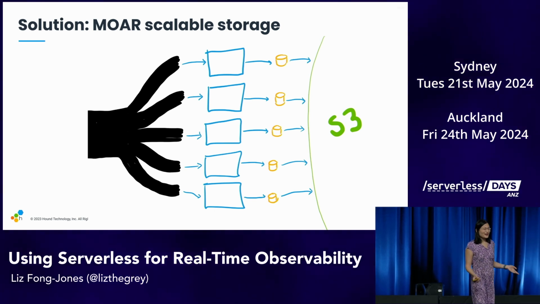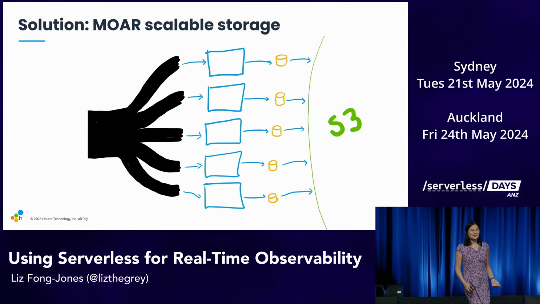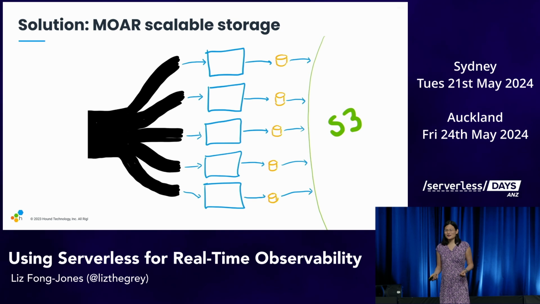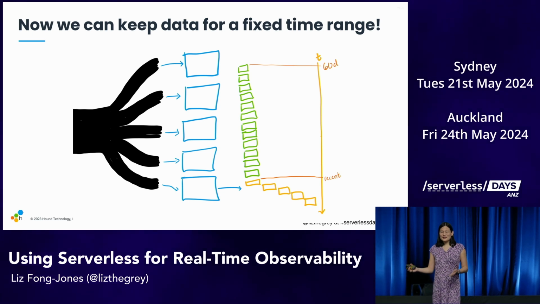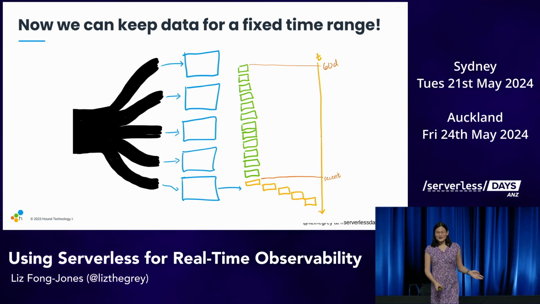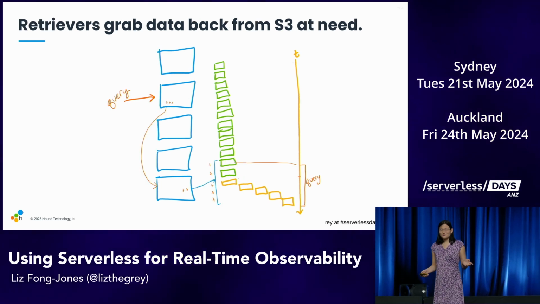When you shove all of the data onto S3, that gives you really great durability promises. It gives you a lot of scalability promises, asterisk, if your S3 calls don't fail. And now we can keep data for 60 days even if it doesn't all fit on local SSD. This is wonderful, except now we've introduced another problem.